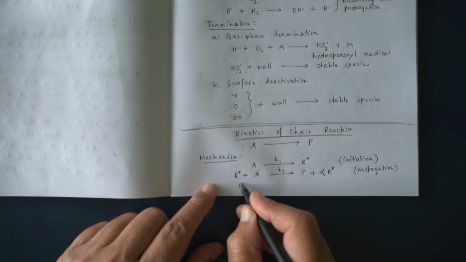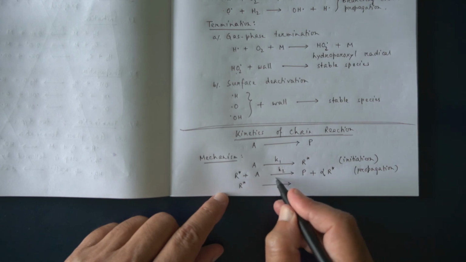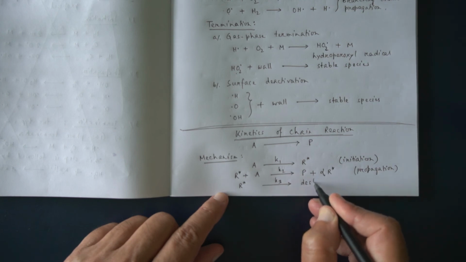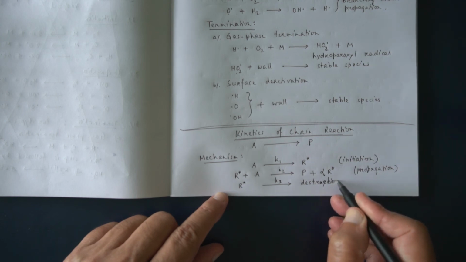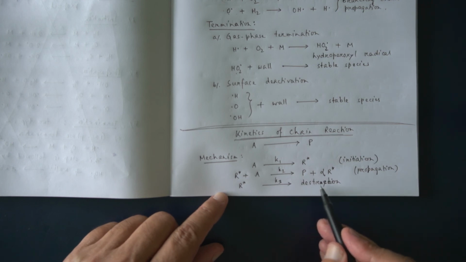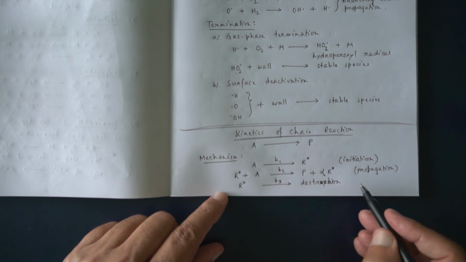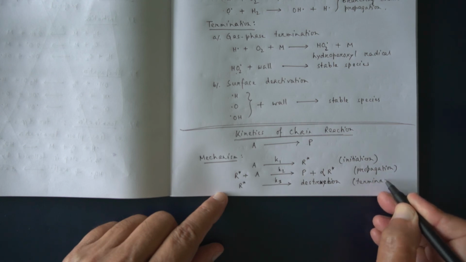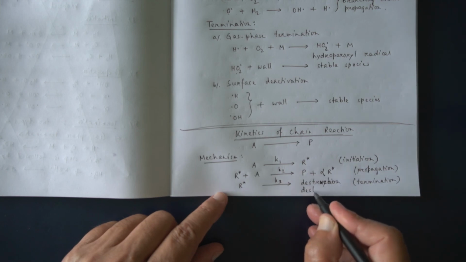And then termination. In the termination step, chain carrier must be removed. So chain carrier is destroyed. This is the termination step.